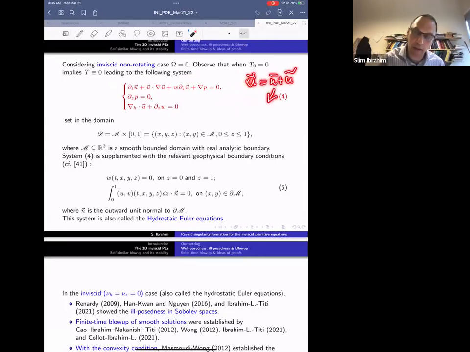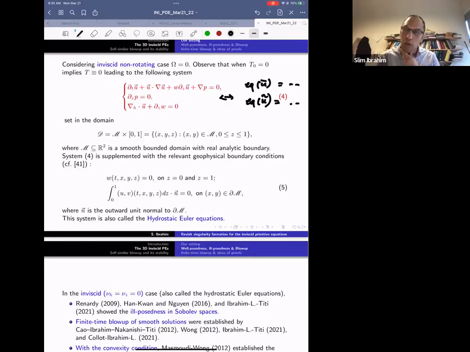The barotropic part is nothing but the z average, and the baroclinic part is the difference, the fluctuation. So this system will be equivalent to two equations on u bar and an equation on u tilde.